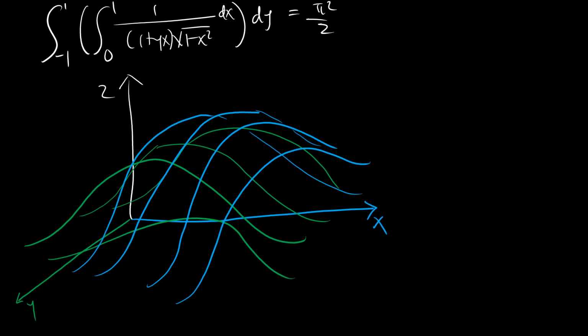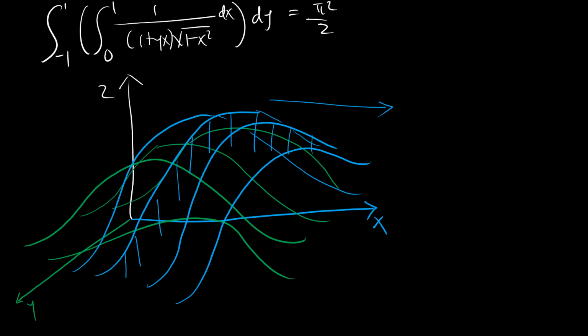So if we decided to integrate, we could integrate along the x first, or along the y. So we could integrate along the y, and then later integrate that panel in the x direction.